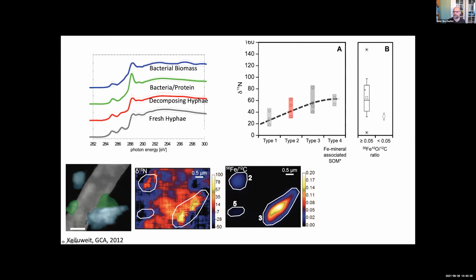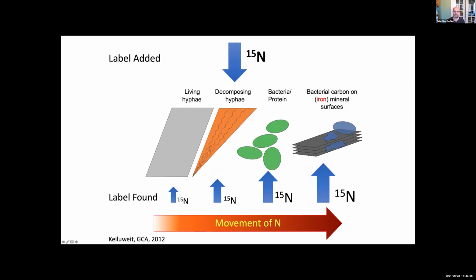We can only do this so many times with the STXM, but with that new hypothesis, we can then, in the nanoSIMS, scan all of the samples with iron and compare them to all of the samples without iron and get a statistical representation of the 15N composition, which does bear out the hypothesis that the 15N composition on the iron is higher than in other places.